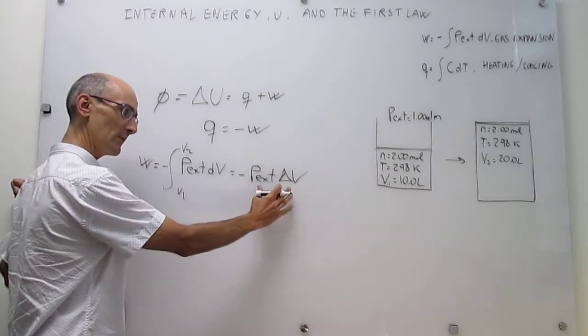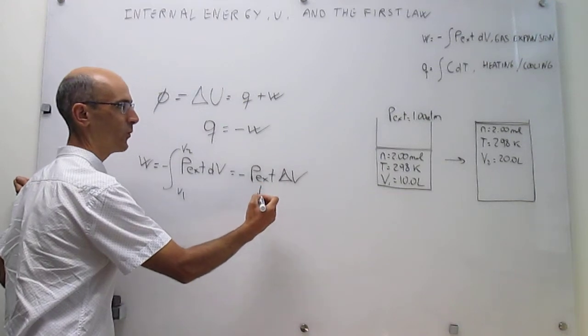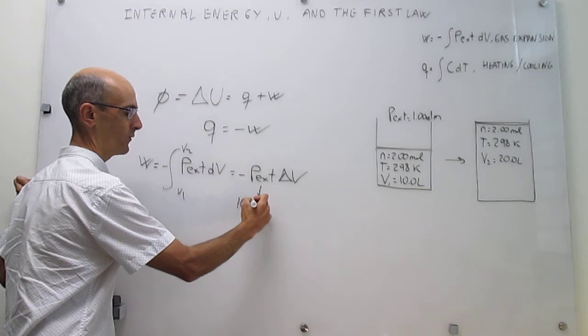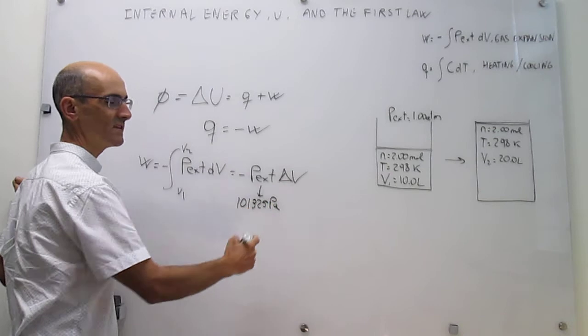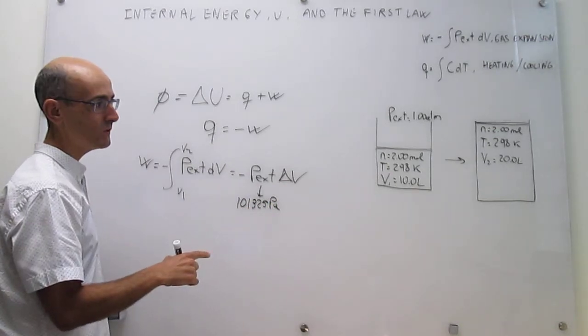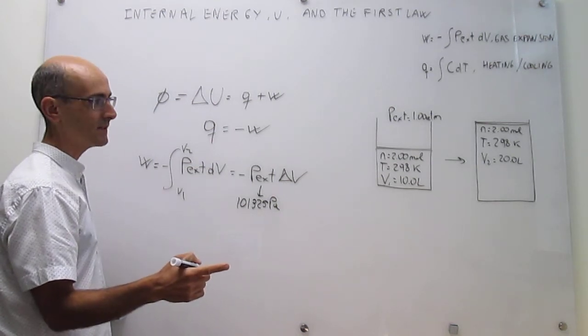Now, we gotta make sure that we use the correct units for this. The external pressure will be 1 atmosphere, but we have to do that in SI units, so 101,325 Pascal. And the change in volume will be in cubic meters. That is going to be final volume, V2, 20 liters, minus initial volume, V1, 10 liters.